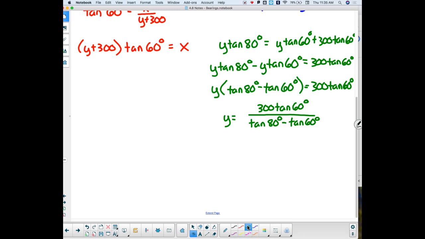Be careful how you're typing it in. Make sure you're closing all your parentheses.